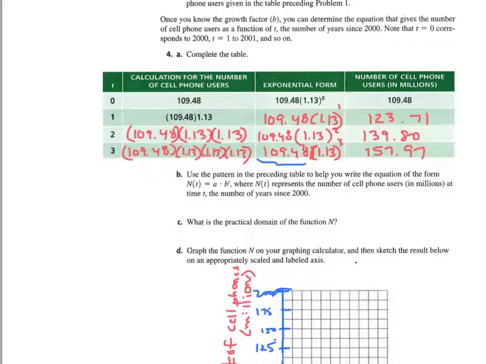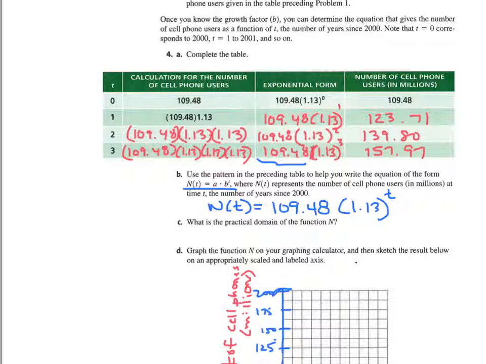So our next thing is to use this pattern and write an equation in this form right here. Okay, so N of t is going to be the number of cell phones in whatever years past 2000 we are. Okay, so that one's our initial amount, so that's going to be our 109.48. That's in 2000, how many millions of cell phone users there are. And then we have our growth factor to the t.